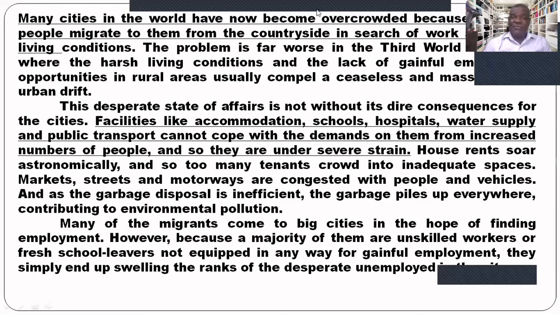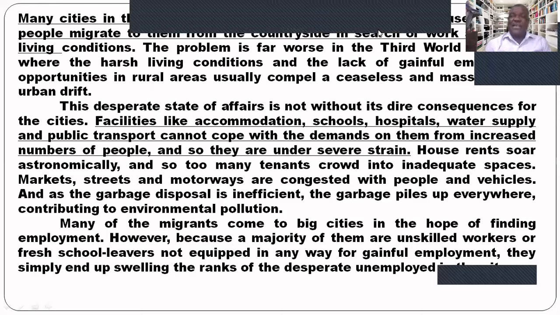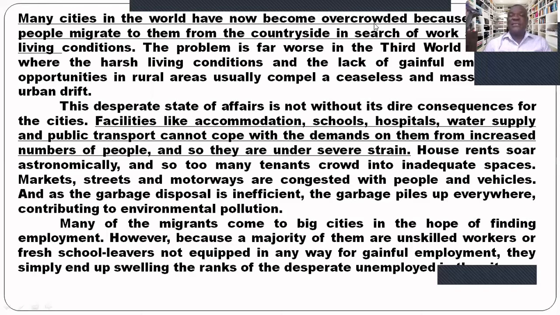But try to retain something that is as specific as this, overcrowded or congested. So let's look for a simple sentence. We can say, well, majority of the cities are overcrowded, we can simply say the cities are overcrowded.